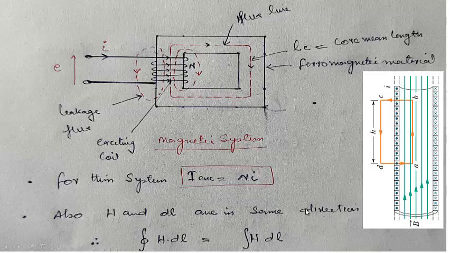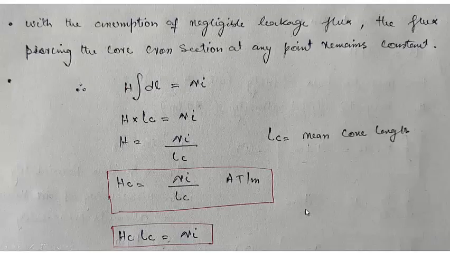One more thing, you can see we have this length element dl, and it is in the same direction as B. So H dot dl or B dot dl will be equal to B into L. From here to here, inside this solenoid, there will be a constant value of B or H, so we can take H outside, and it will be equal to dl.